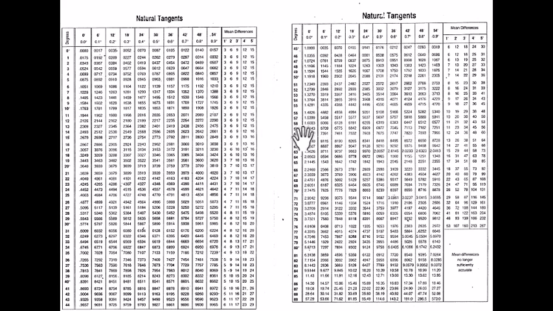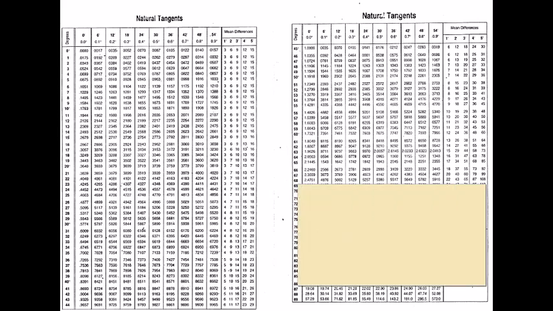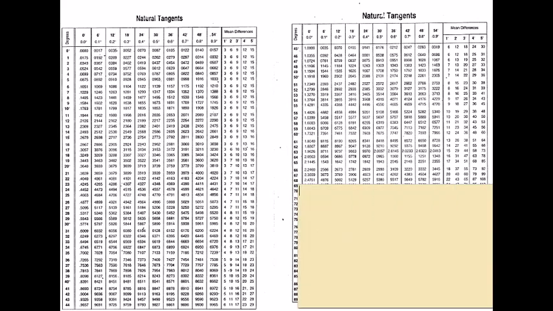We'll have a look at the examples first. So tan of 30, the first one. I'm pretty sure you're expert at this by now.